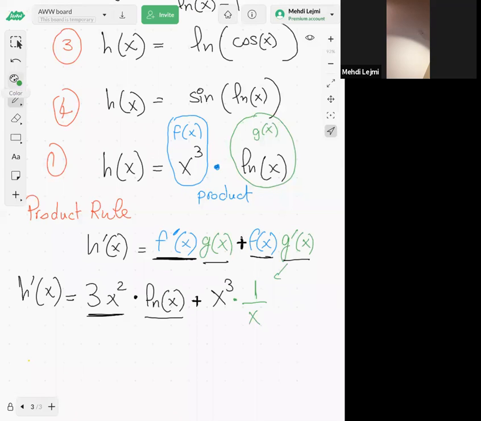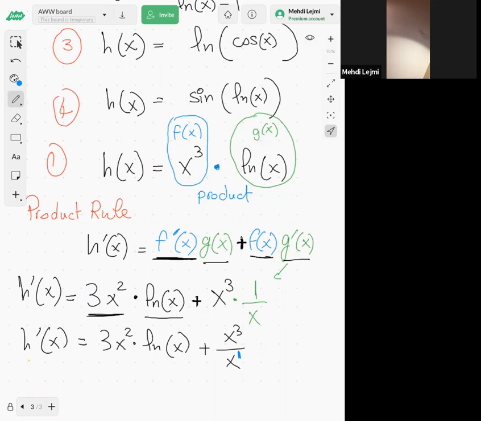Now we can simplify. We have h prime of x equals 3x squared times natural log of x, plus x cubed times 1 over x, so it's x cubed over x. Think of x as x to the power 1, so if you take the difference between the powers, 3 minus 1, that would be 2.